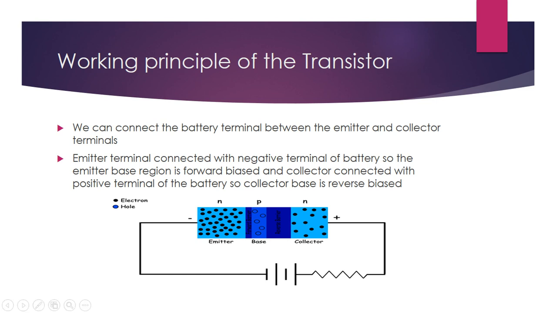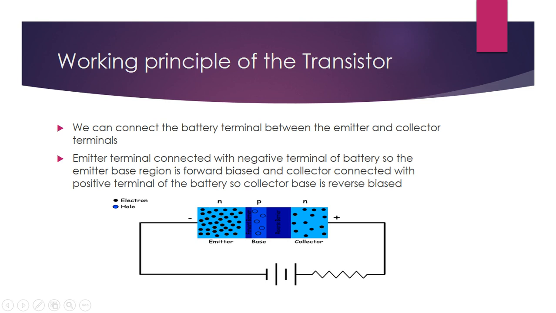On the other hand, the collector, the N type, is connected with the positive terminal of the battery, and the base is a P type. So in this condition, the junction between the base and the collector region is reverse biased.